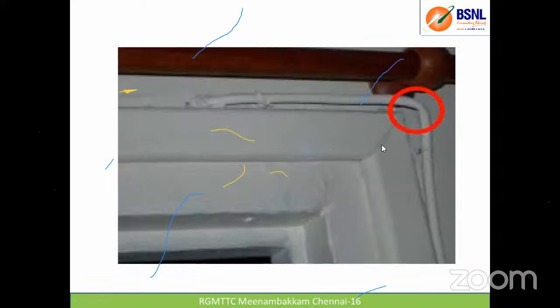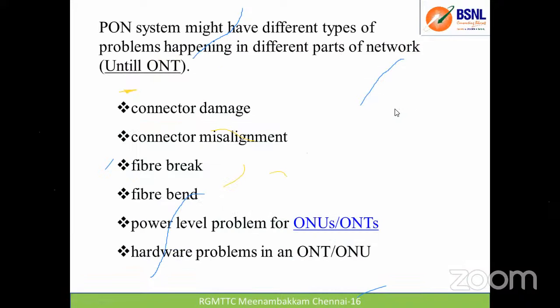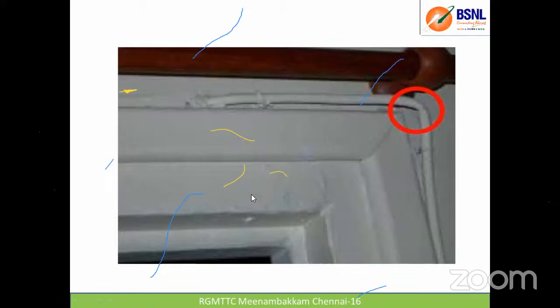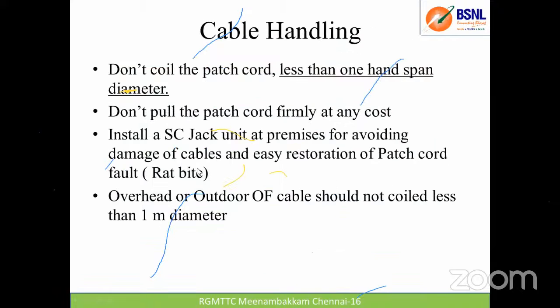If the fiber is installed in such a way, the bend loss is more, and sometimes it may lead to fiber break. Then there are power level problems of ONU and ONTs, and hardware problems. These are some of the problems that may occur in different parts of the network.